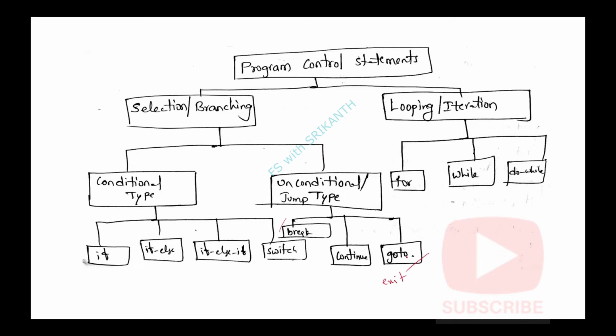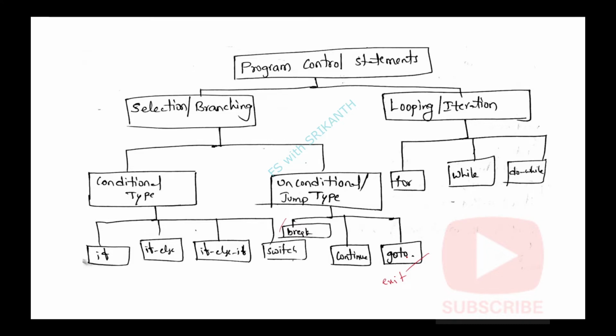In every program, based on requirement, we use these keywords. Break breaks the statement, continue continues past a false statement, and goto jumps to a certain area. Exit means your program execution will be stopped, exiting your execution, your looping, your conditional statements.